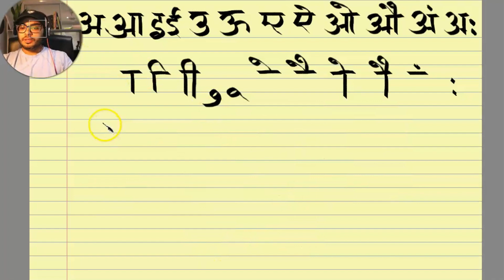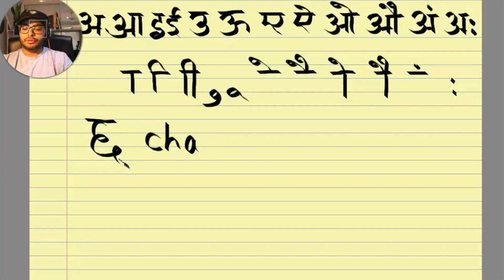The next letter is going to be cha. Like this, and then this. The IAST letter for this would be CHA, and I haven't found any sound that resembles this sound in English. This is cha.